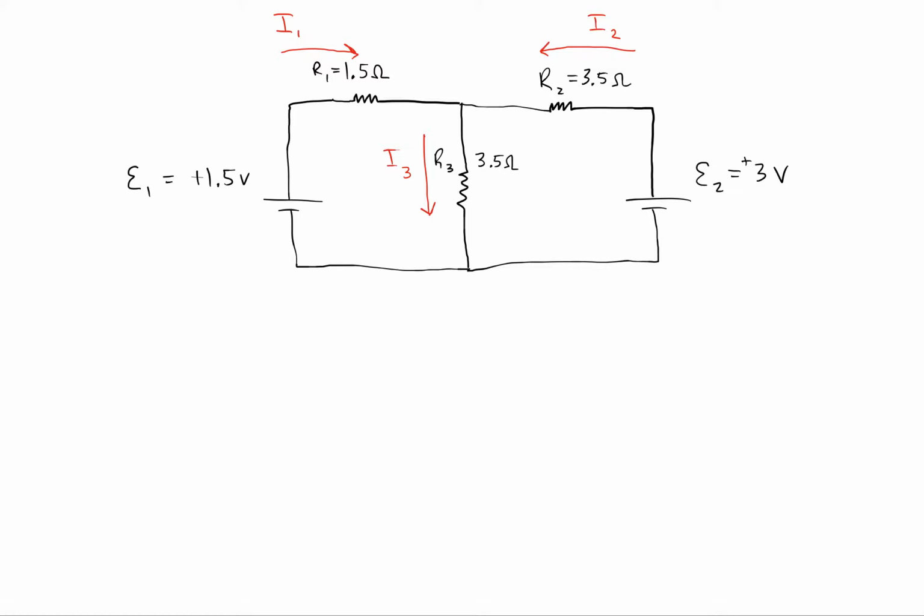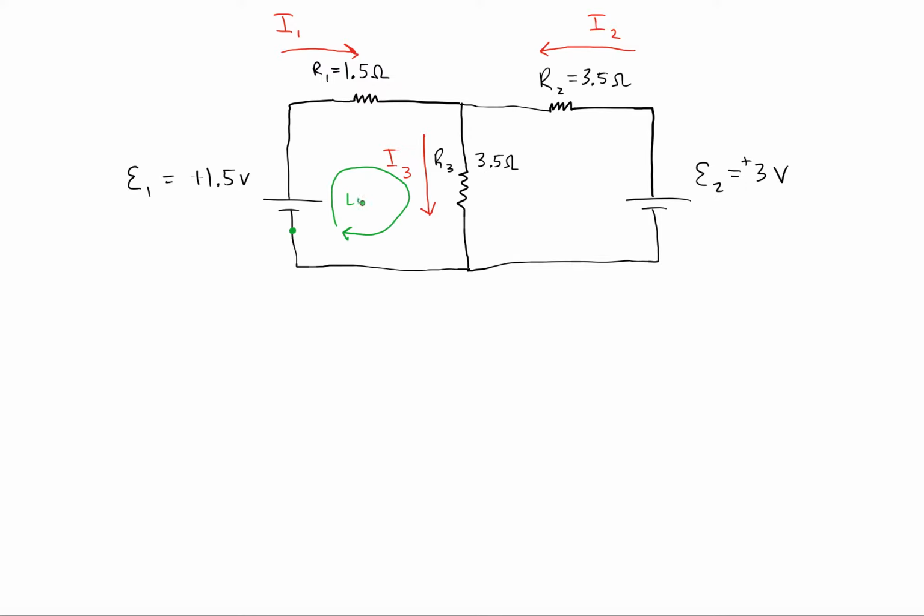Our next job is to use Kirchhoff's loop rule to write how the potential changes as we go around any loop in the circuit. Now, we could choose to analyze what happens if we start here on the negative terminal and go around this small loop, and then we come back.